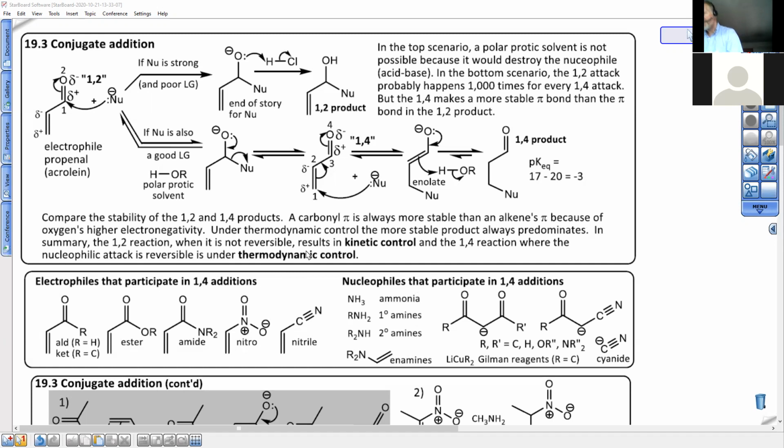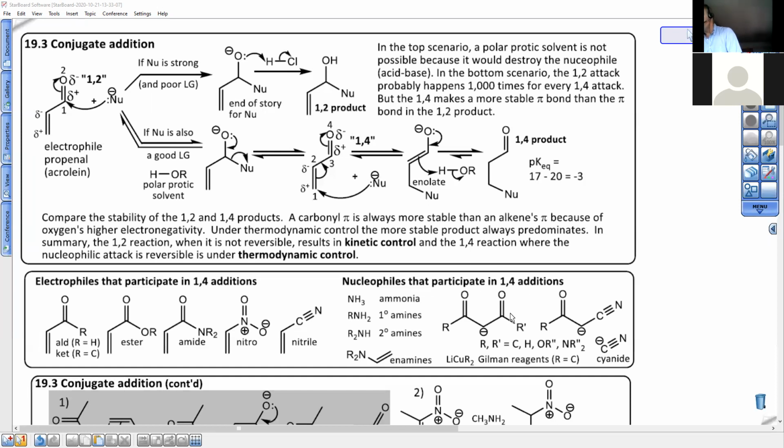Jump ahead a little bit. If the nucleophile is also a good leaving group: ammonia is the conjugate base of the ammonium ion, which has a pKa of 10. That means ammonia is a good leaving group, as are the other amines. Enamines, same story, except their nucleophile position is over here, as we just saw. They will be attacking at this position because the lone pair resonates in, and then they attack.